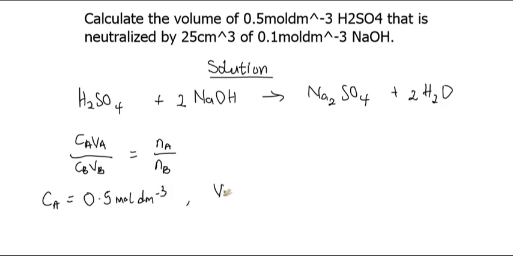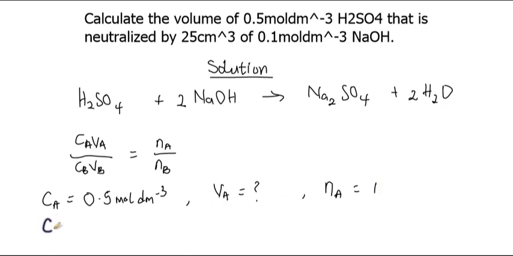Then Va is unknown, because the question says calculate the volume of 0.5 mol per dm³ H2SO4. That is, we have been asked to calculate the volume of the acid. So Va is unknown. Then Na, that's the coefficient of the acid. The coefficient here is 1.